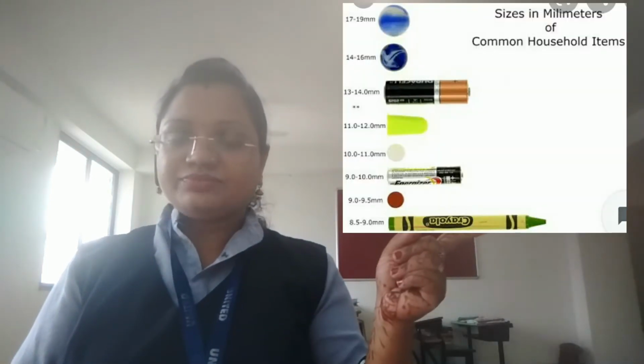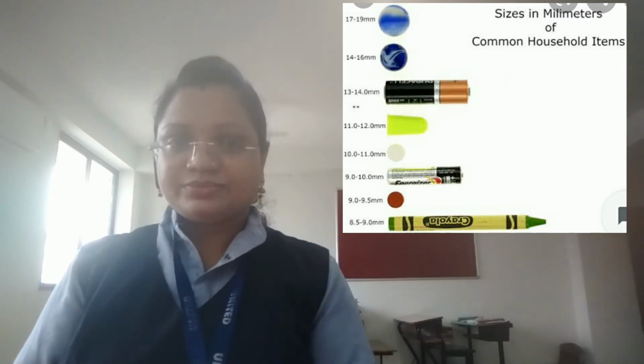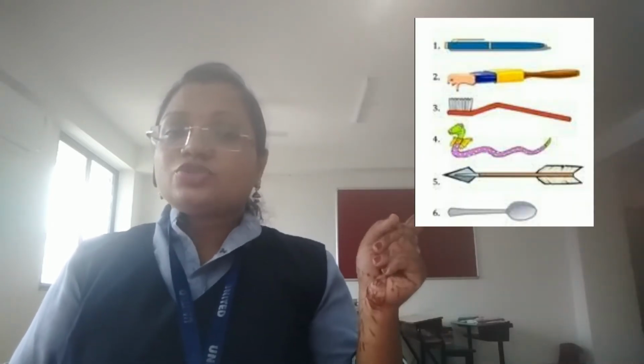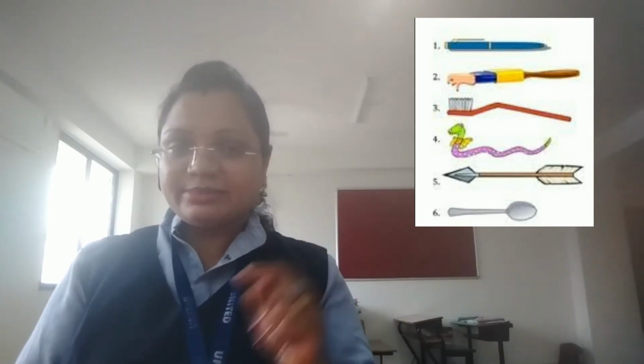Okay, understand? Which are the objects we can measure in millimeter? Let us see. So these are some objects that we can measure in the millimeter. Okay, now see the objects that we can measure in the centimeter. So here are some of the objects that we can measure in the centimeter.